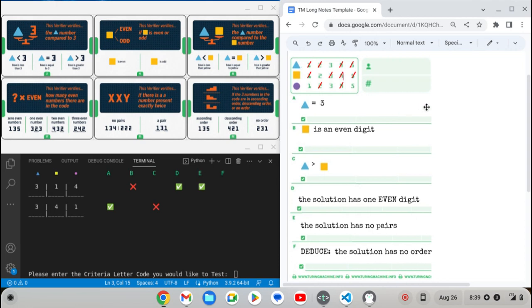So let's cross out the 1 and the 3, because you can't have any duplicates or pairs. So it looks like the solution is 3, 2, 5. Let's go confirm.